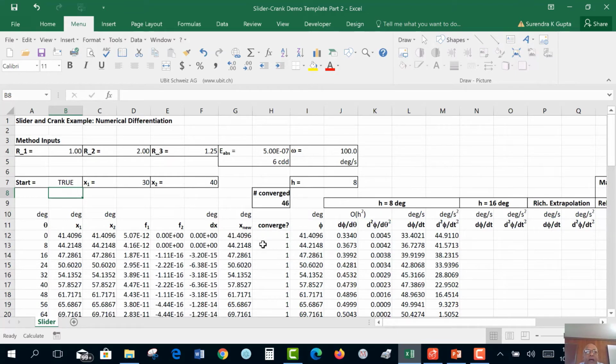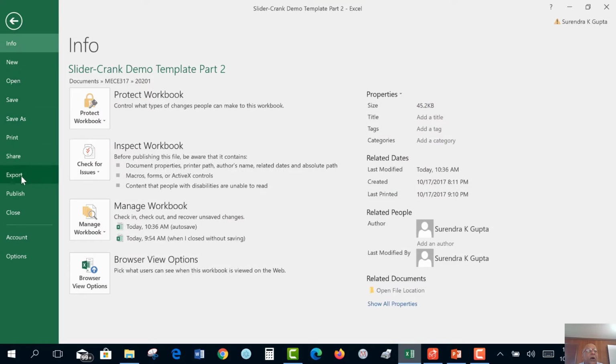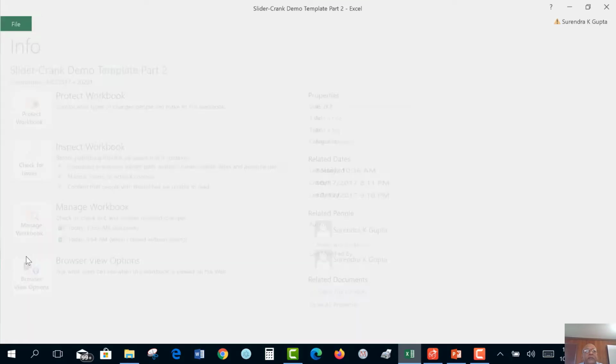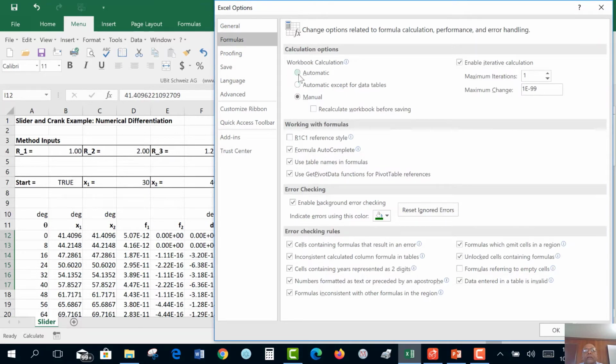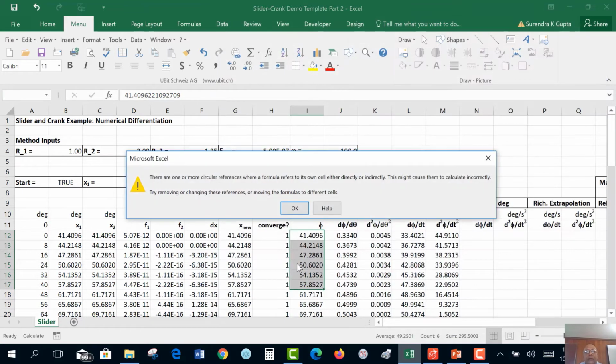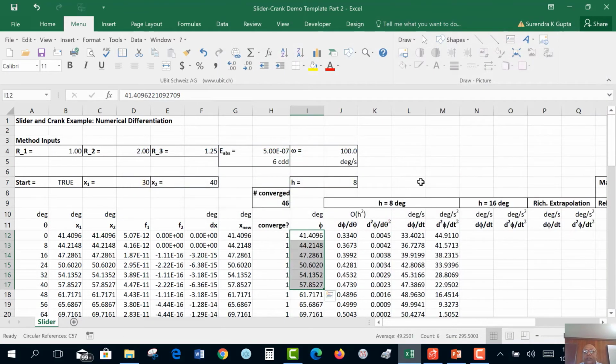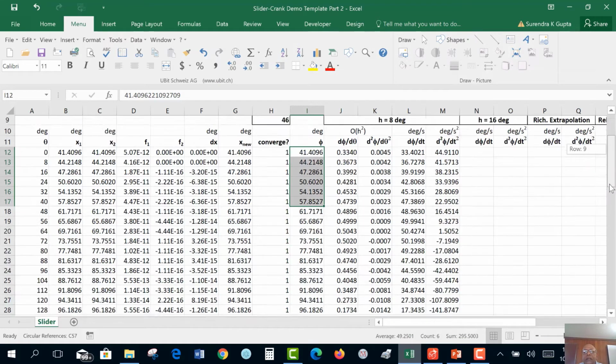And then we copied our final values. These were our phi values here, just values only, remember. And we switched on our automatic calculation and disabled iterative. And of course, it gives us those error messages.